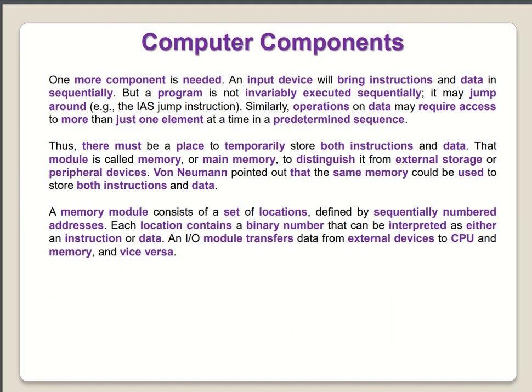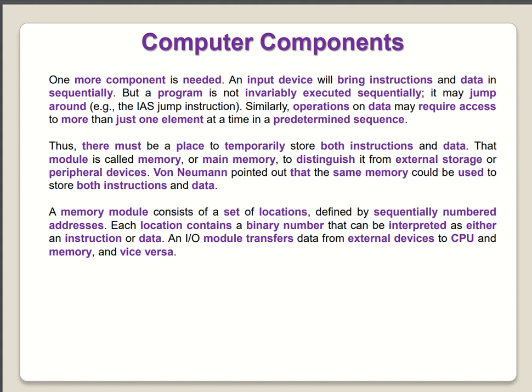Actually, it's not the only component. We need some other components also. What other components do we need? We need an input device that will bring the instructions and data in a sequential manner, because you already know that instruction execution goes on in a sequential manner.